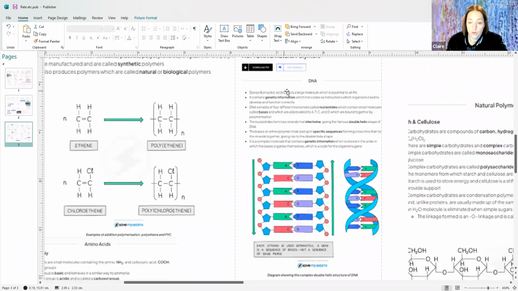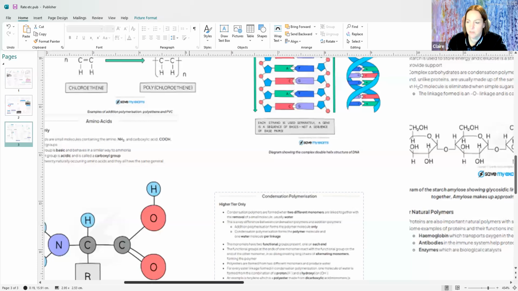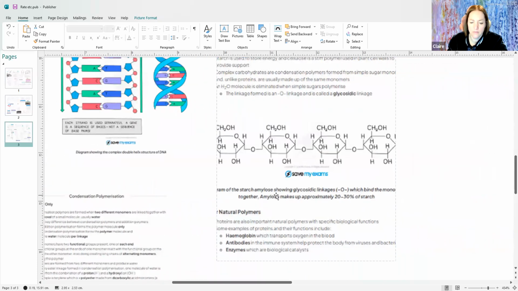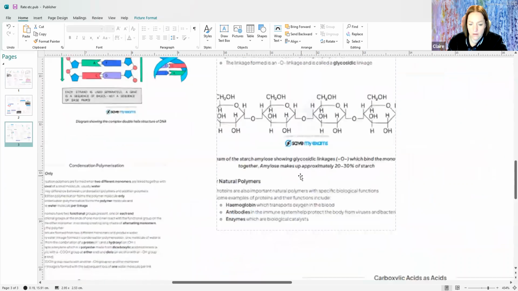DNA is a natural polymer. They might ask about this. I can't remember many questions, but just be aware of them. You've got other natural polymers, starch and cellulose, all made up of carbon, hydrogen and oxygen.